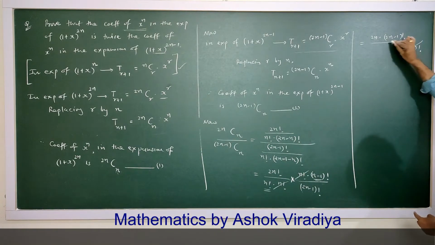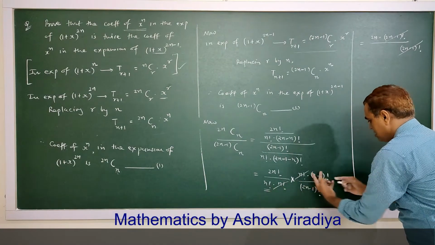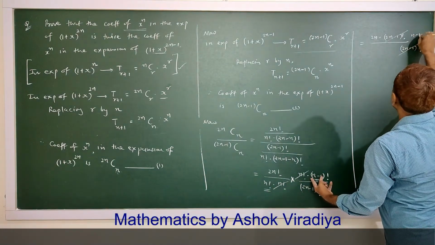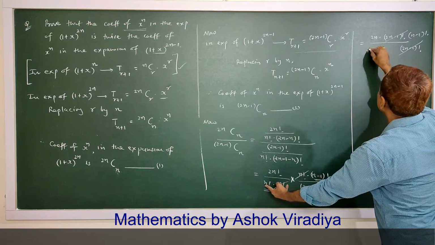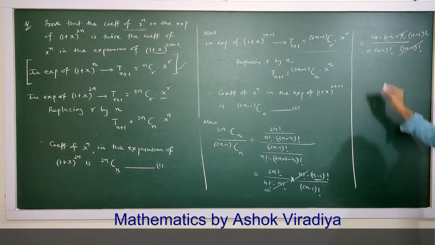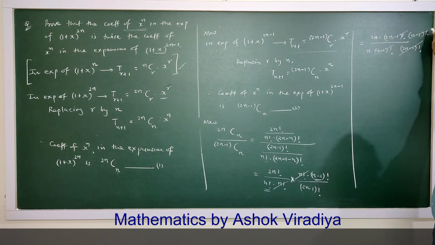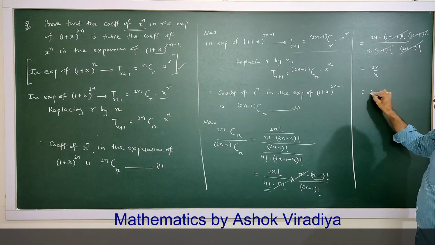So in the next step this will be cancelled. Now look at these two numbers. This one I keep as it is, and n factorial is n into n minus 1 factorial. So this can be cancelled. Therefore 2n upon n is 2.